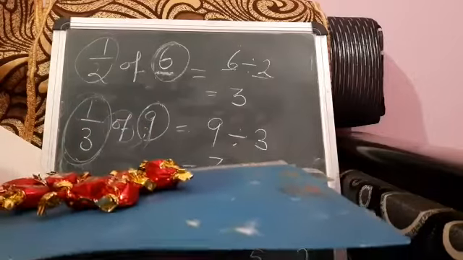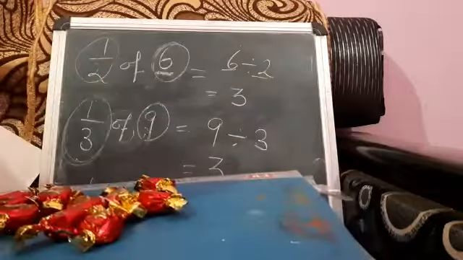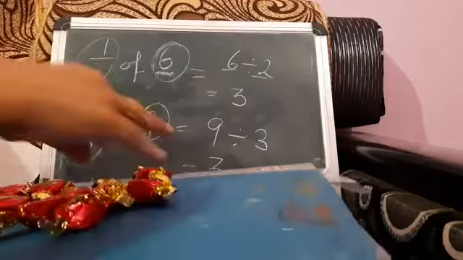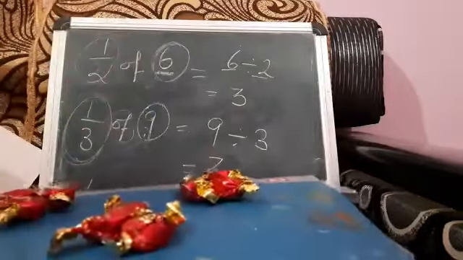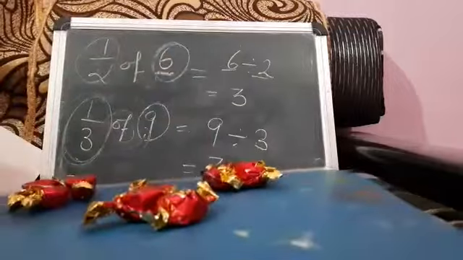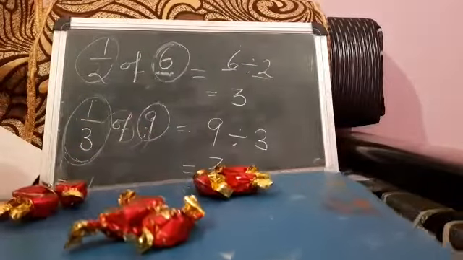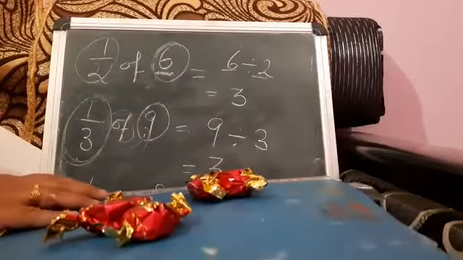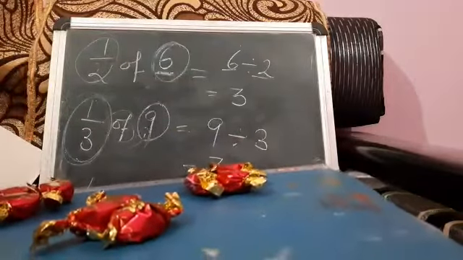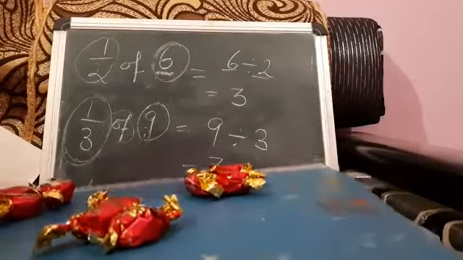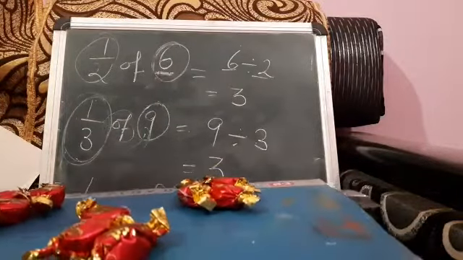First of all, we divide 9 by 3. So when I divide 9 by 3, I will get 3. So 3, 3 and 3. Okay, now 3 parts here. You can see here 3 parts. So this is one part of candy, and this is the second part of candy, and this is the third part of candy. So you can find 1/3 of 9 in the same way.